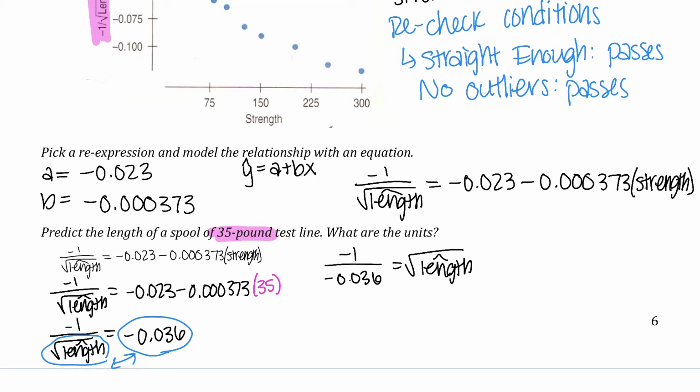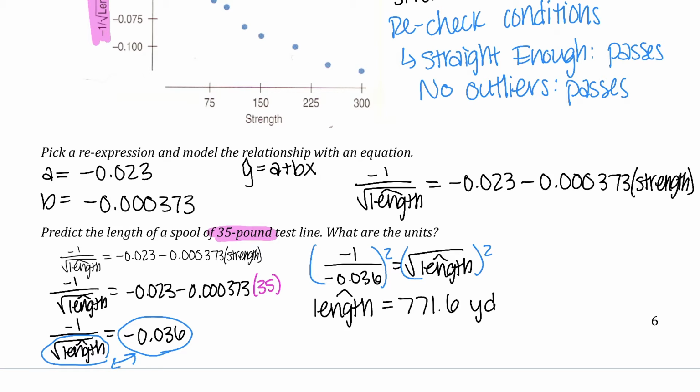Now, how do I undo a square root? I square both sides. And that'll get me length hat. If you put it in the calculator, 771.6. And now we're in yards because it's just regular length.